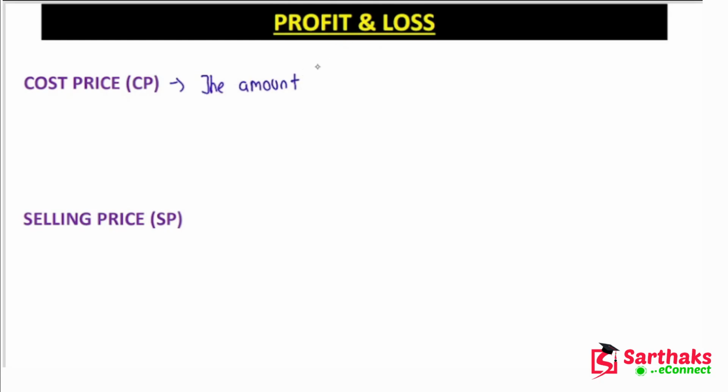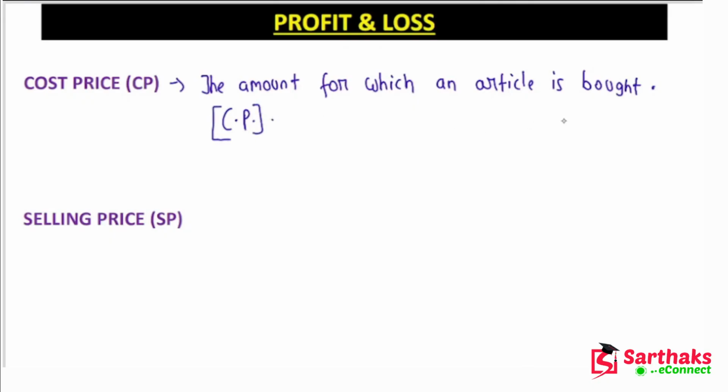Cost price is the amount for which an article is bought, which is also written as CP in short form. So the amount for which an article is bought is called cost price, which is CP.